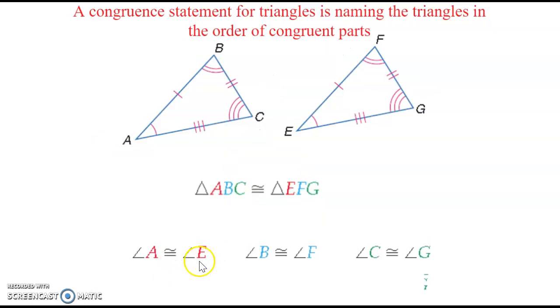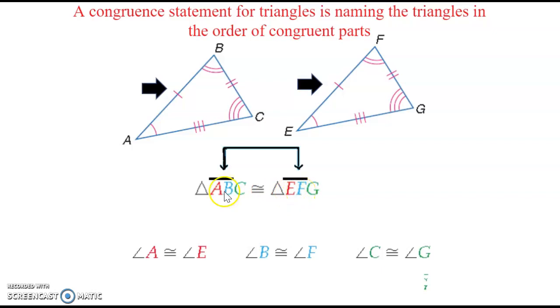Okay, and also the congruent statements for triangles name triangles in order of congruent parts. That means we also need to make sure the sides of the triangle also correspond. So side AB corresponds to EF.